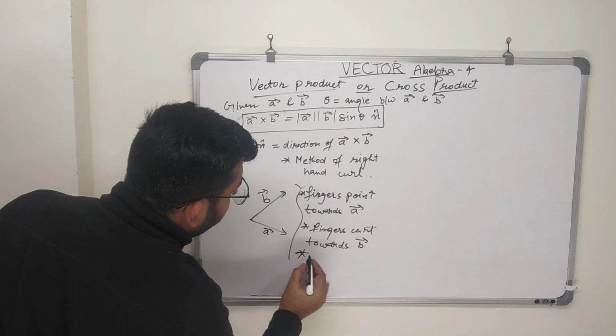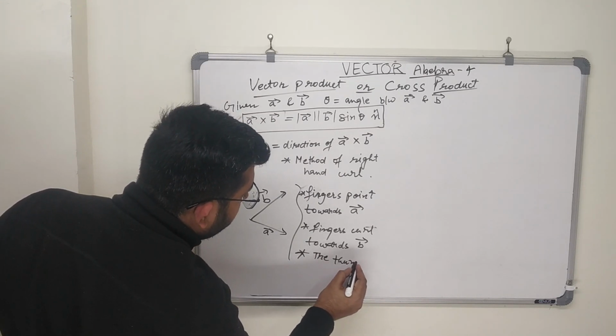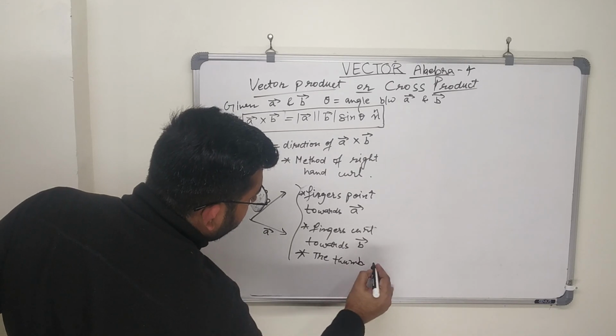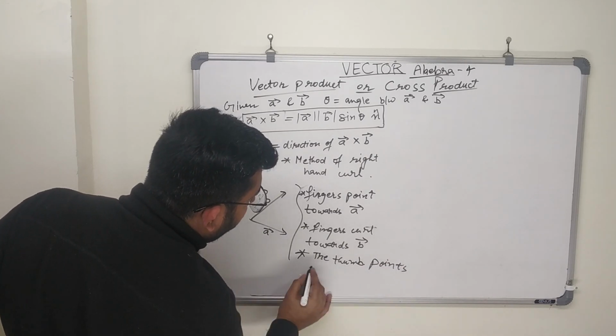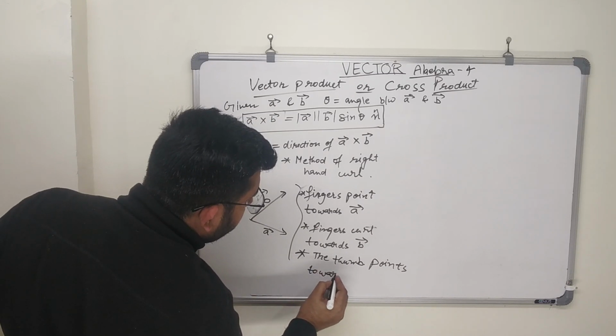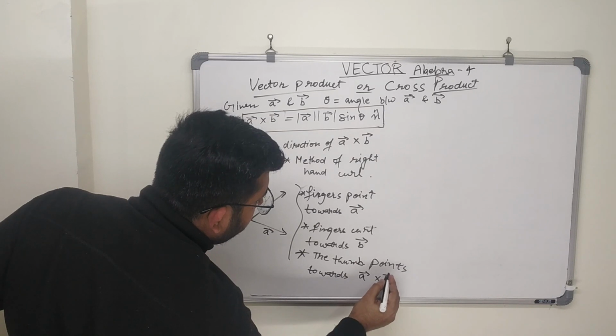So by this way the thumb points towards A vector cross B vector.